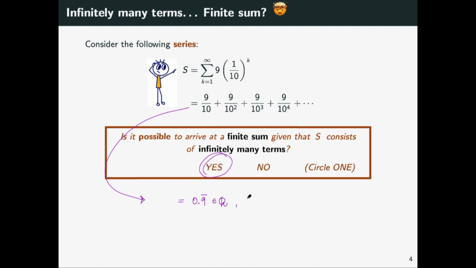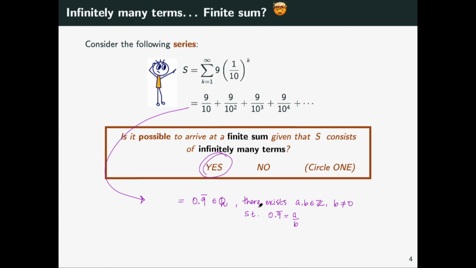And that means that there exist some a and b that are integers where b is non-zero, such that 0.9 repeating is equal to a over b. Can you think about what that rational number would be, a way to represent this as a fraction? In fact, this is probably one of the first numbers you ever learned in your life. Probably the one that has come up the most often.